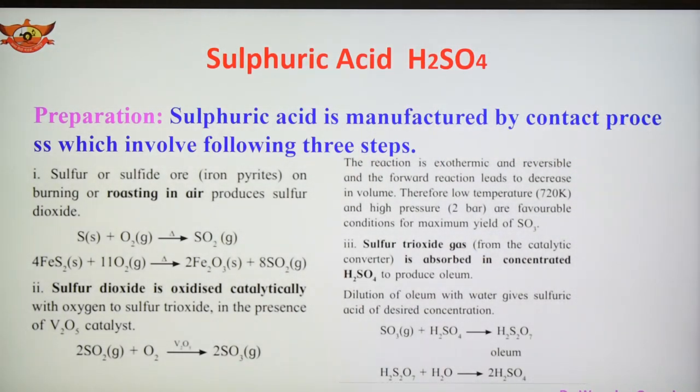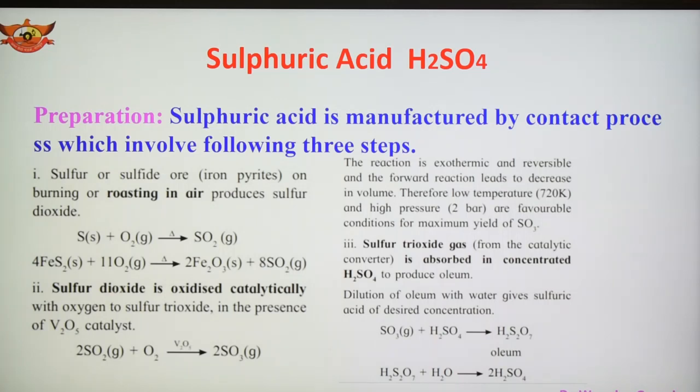So in the second step we obtain sulfur trioxide, and this reaction is reversible and exothermic. In this case we have to maintain the temperature and pressure: low temperature and high pressure, and after that we get a good yield of sulfur trioxide.